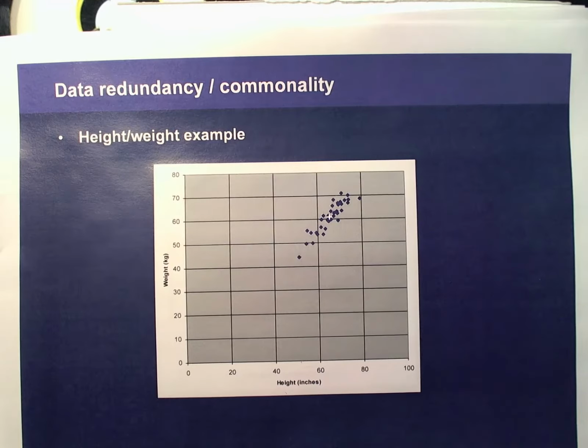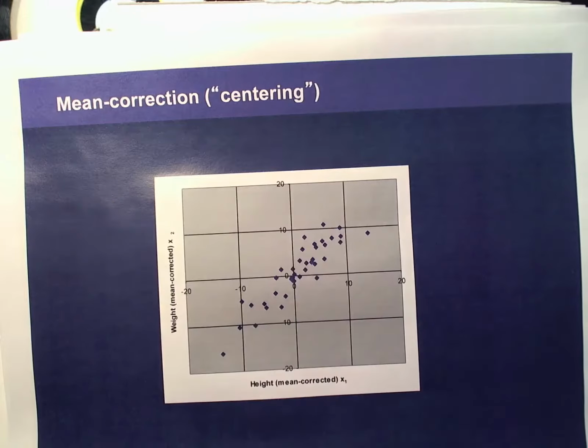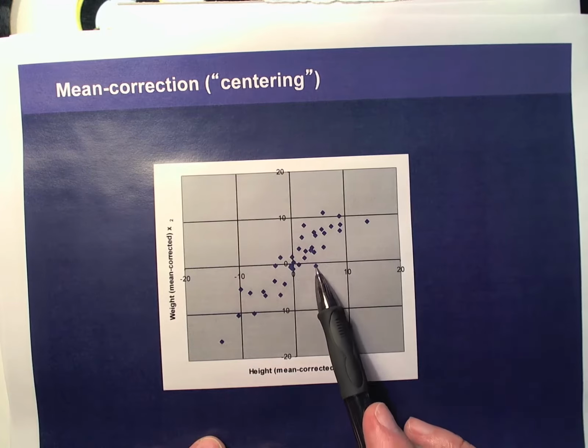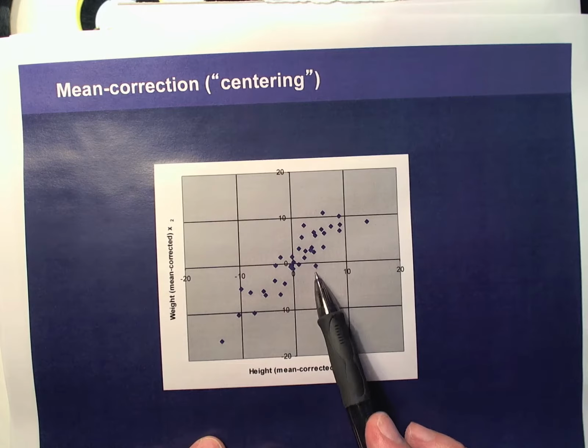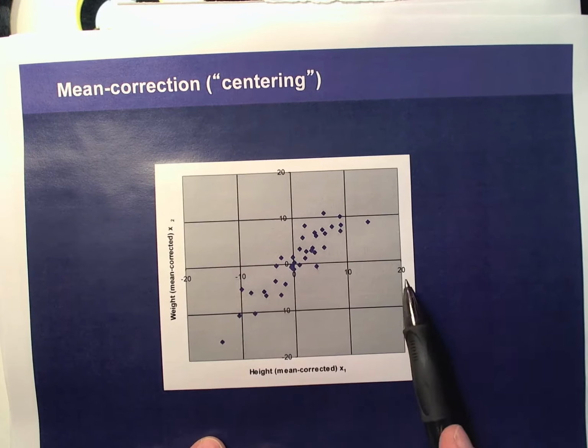Okay. Now, to get this into the framework of what we're about to do, the first step is called mean correction or centering. We'll explain the relevance of that later on, but for now, we're going to take away from each person's height and weight the average height and weight of all the people. That way, we get new variables.